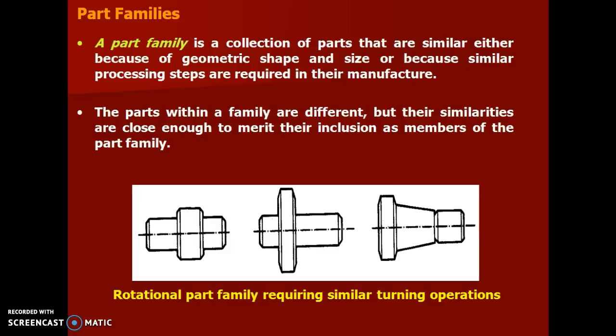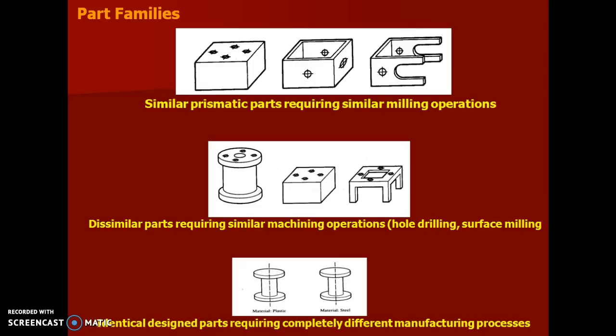You can look into the picture which shows that these components are rotational parts requiring similar turning operations. Similarly, these are some of the part families which will have either similar design attributes or manufacturing attributes which will group them into a part family.